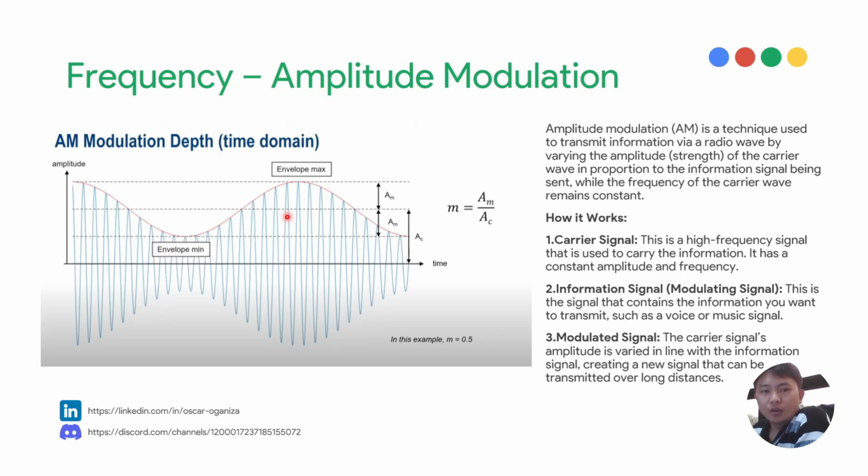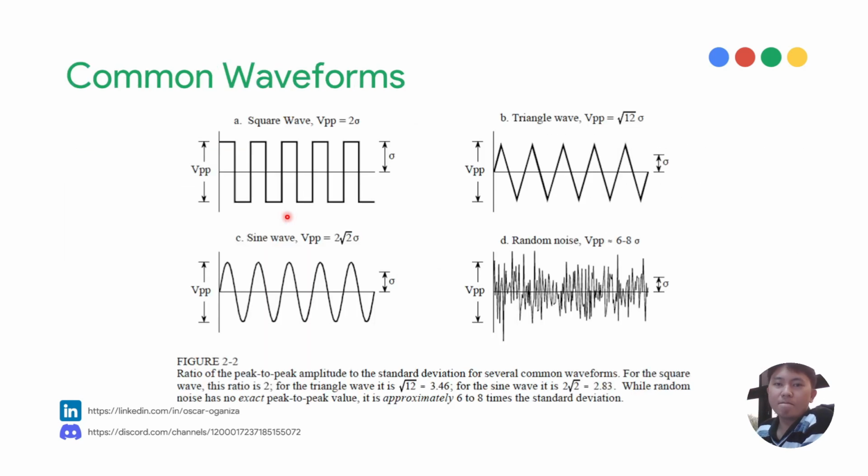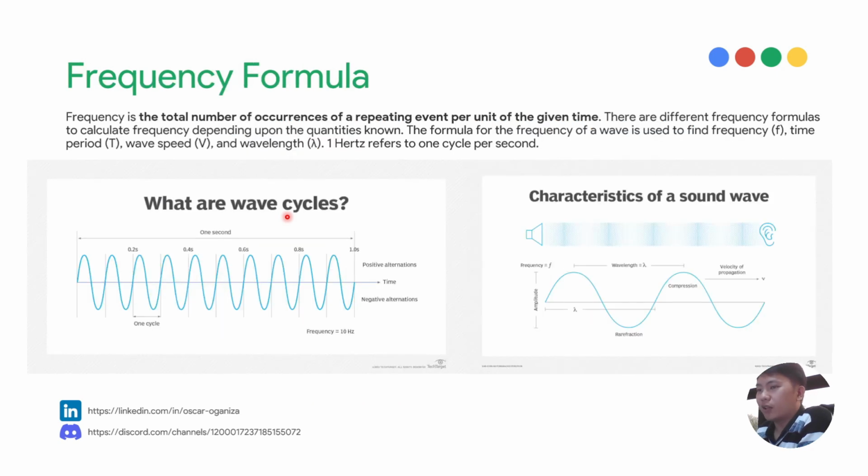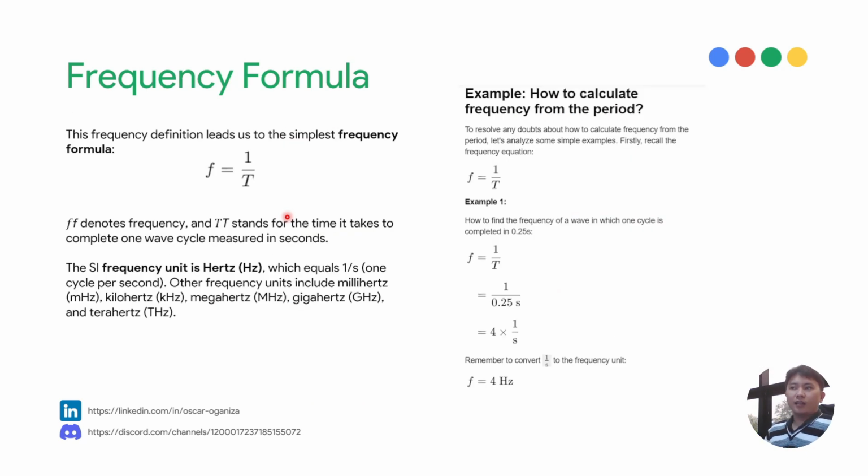The AM modulation using the carrier signal, the information signal or the voice signal, or the modulated signal, and the common waveforms: the sine wave, square wave, triangle wave, and the noise, the characteristics of cycles, and the formula for frequency. Frequency is equal to 1 over T, where T is the period of time. And the unit for frequency is hertz, 1 cycle per second.